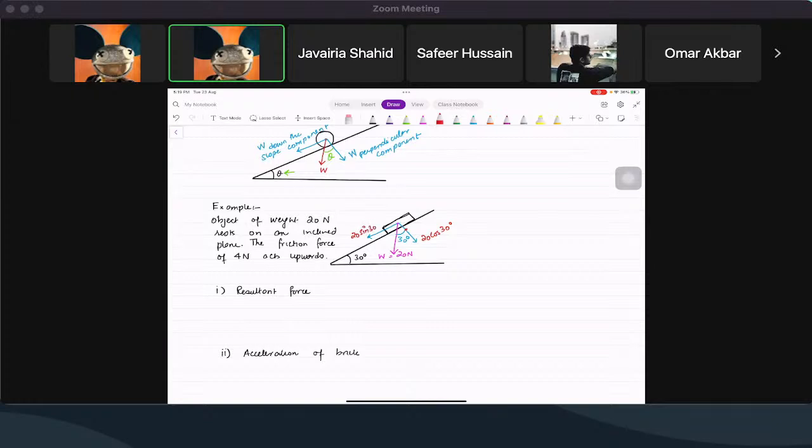And in the question they've already said that there is a friction force that is acting upwards of 4 newtons. Do you guys understand this? Yes, sir.